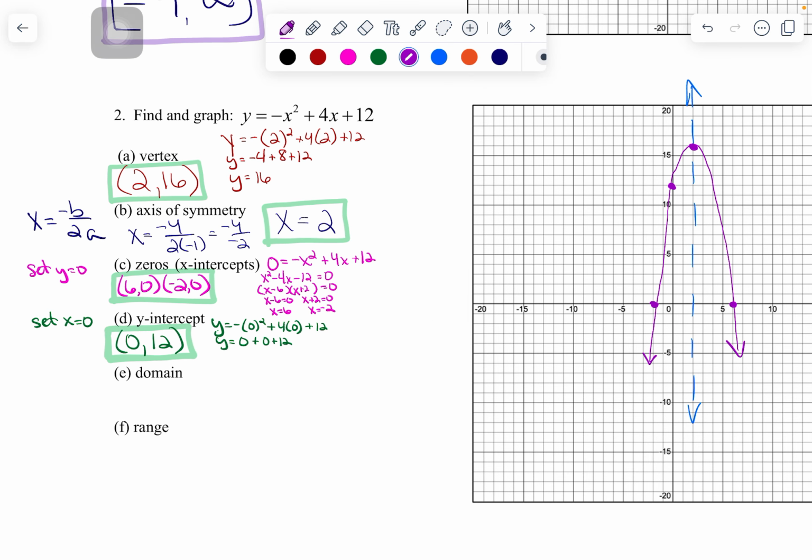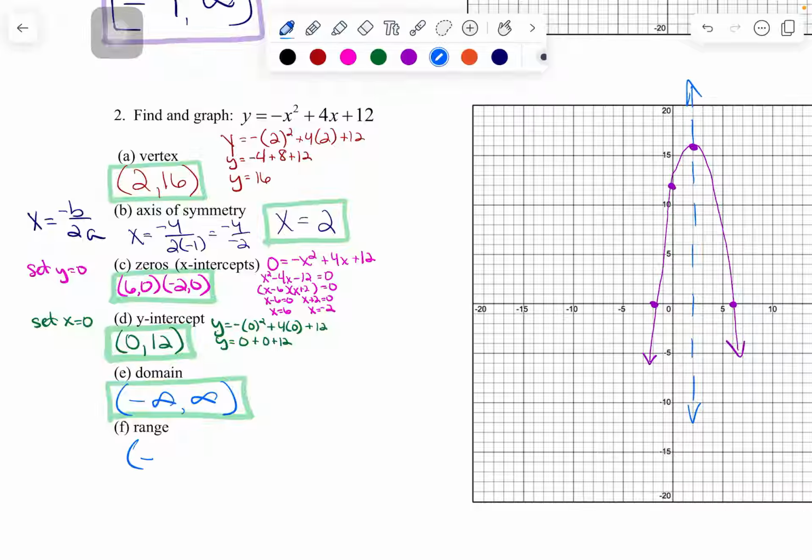Okay? So I've got the graph. I've got all the bits, parts, and pieces. The last two, I want a domain. Domain in this case would be, again, how far to the left your graph goes, how far to the right does your graph go. So your possible x values here are going to be everything, right? Negative infinity to infinity. So that's your domain. And then range-wise, because this is concave down, if I ask you how low this graph goes, the graph goes to infinity, low.